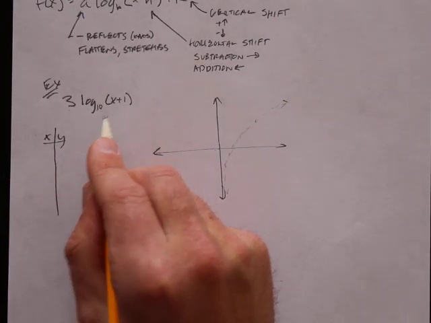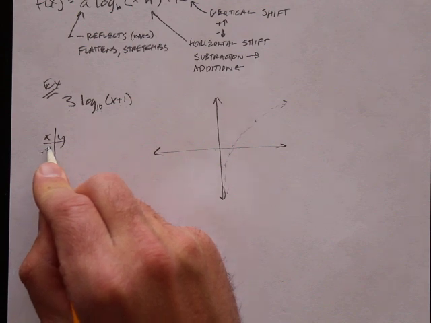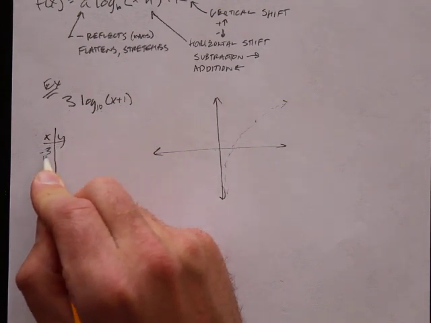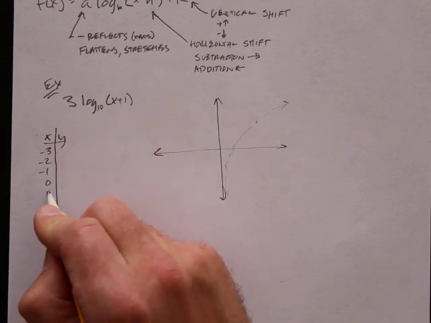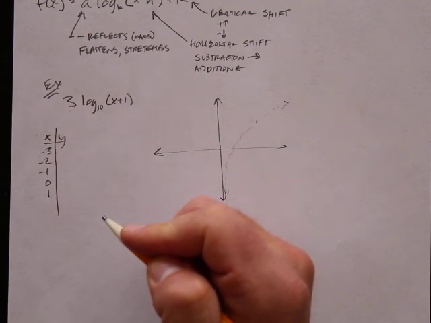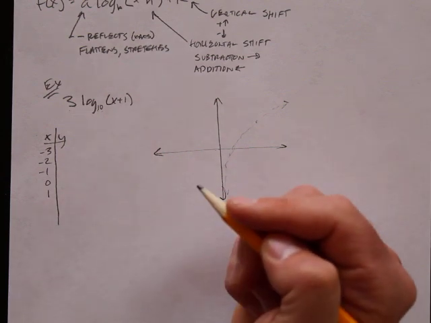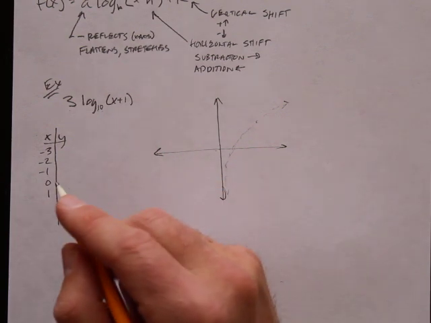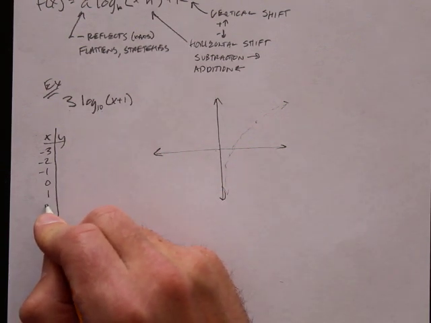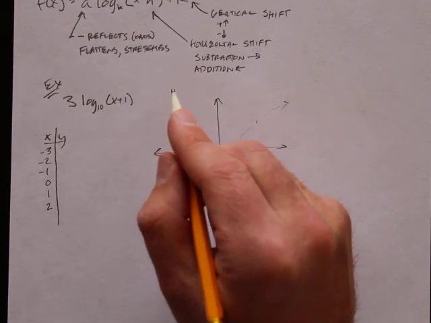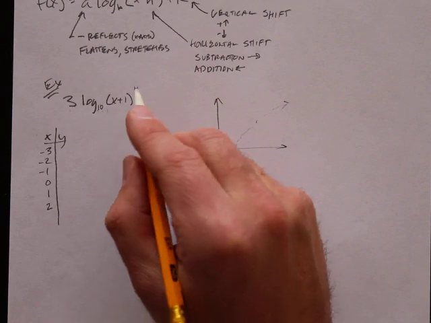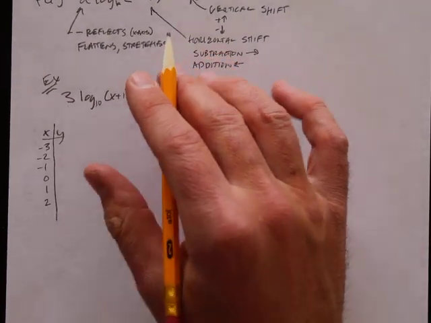Okay, so let's go -3, -2, -1, 0, and 1. Let's see, am I going to do all those? Sure. And let's do 2 as well. Okay, so let's see if we go ahead and start plugging those things in here.